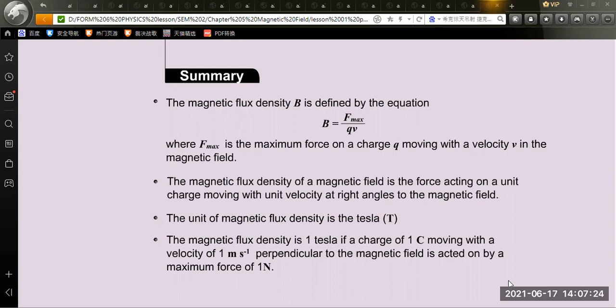That means 1 Tesla equals 1 Newton over 1 coulomb over 1 m/s. That is the meaning of 1 Tesla.